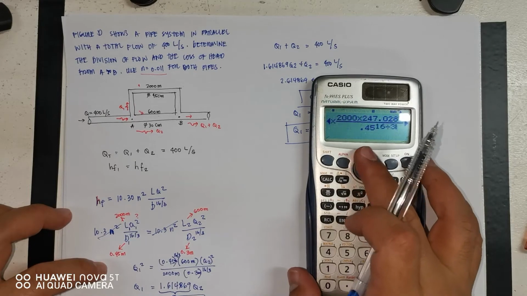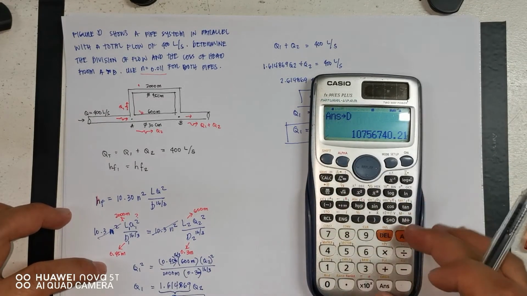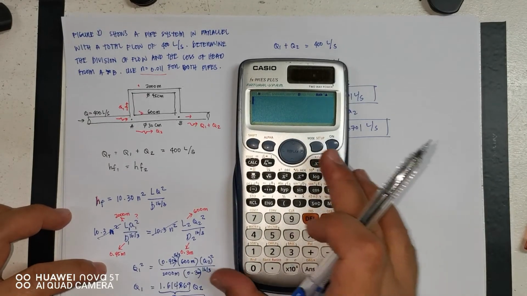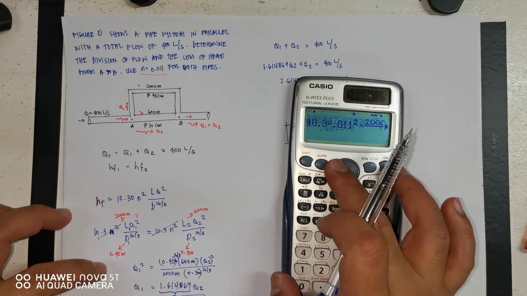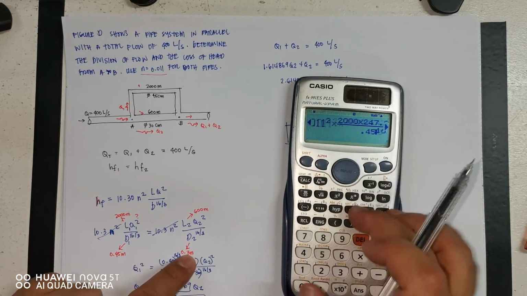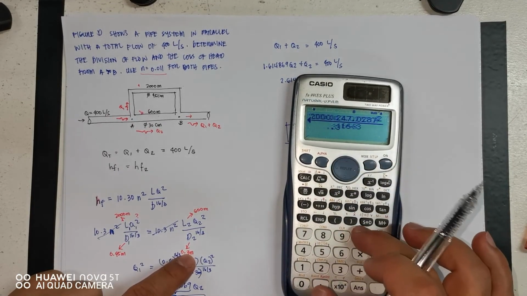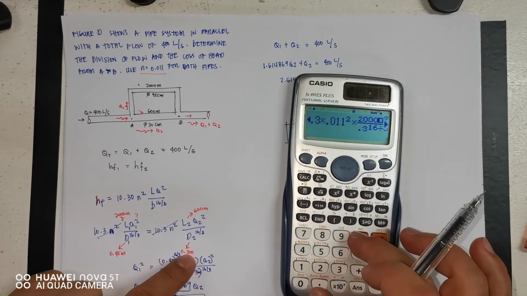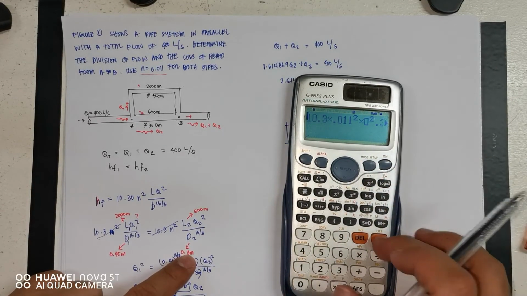So kapag ginamit naman natin, saan natin siya sinave? Save store D. Sinave ko sa D para babalikan natin. So same equation, papalitan lang natin ng mga values, which is 0.3, and then yung value ng Q will be mali.